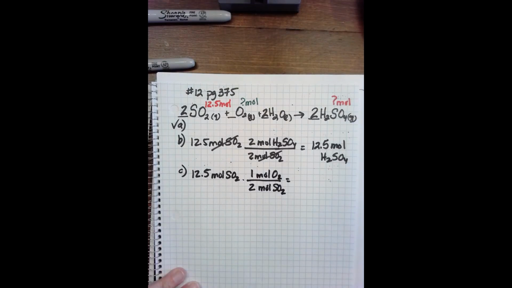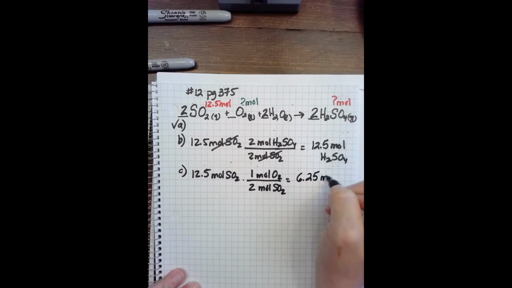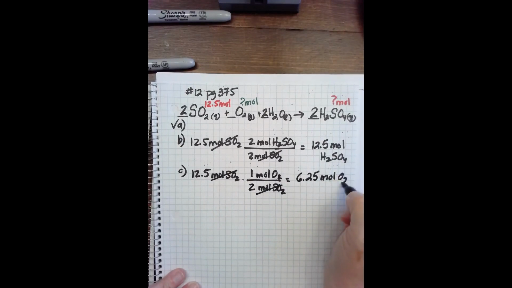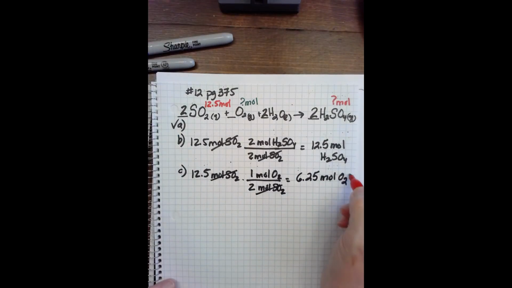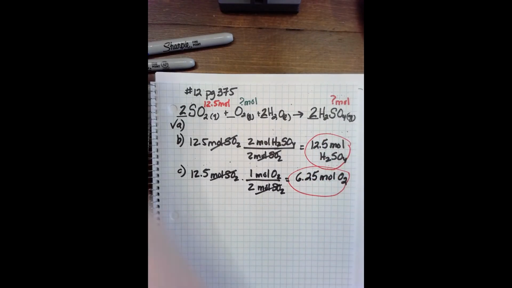So we're going to take half of that, right? So 12.5 divided by 2, 6.25 mole, cancel our words out, of O2. So now that is the correct answer for C. There is our correct answer for B.